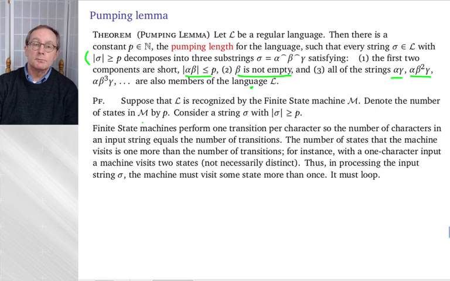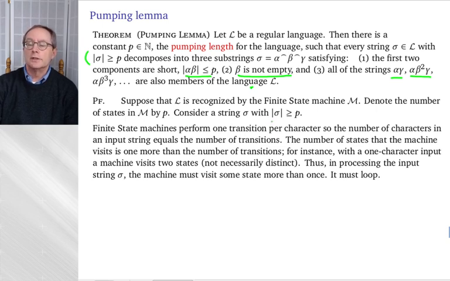The pumping length could be smaller than the number of states in M, but if you take a number that's at least equal to the number of states in M, it's sure to work. It's possible that a smaller number would work, but the number of states in M is sure to work. And you consider a string that's long in that it's of length greater than or equal to p. All right, so the bookkeeping on this longness is that finite state machines perform 1 transition per character.